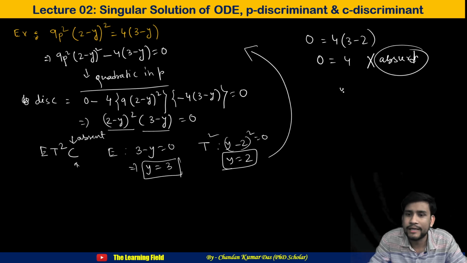That means y equal to 2 is not a singular solution.